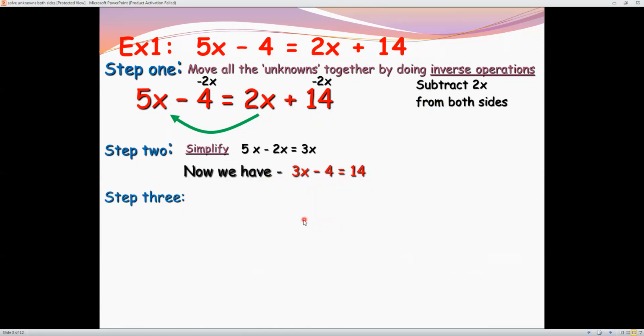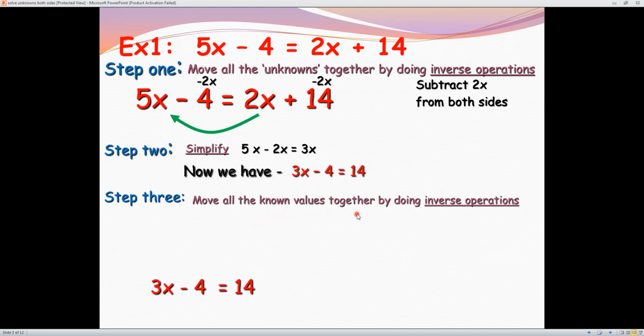Okay, so now that I have a simpler equation, the next step is to move all the known values to one side, by doing the inverse operation also.